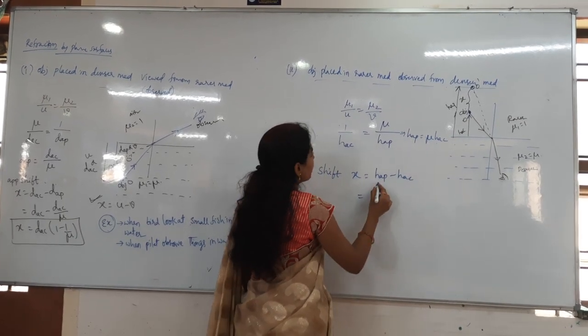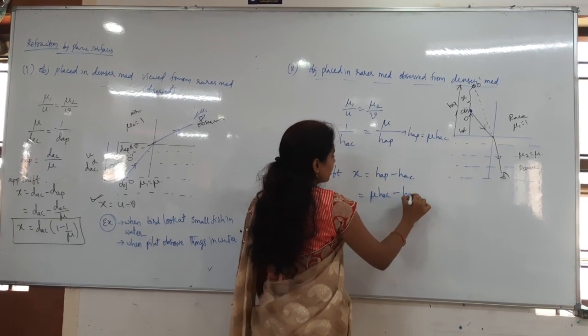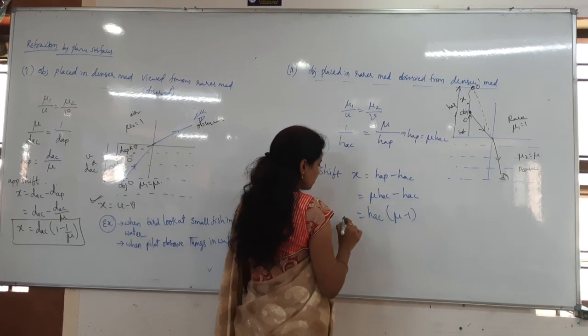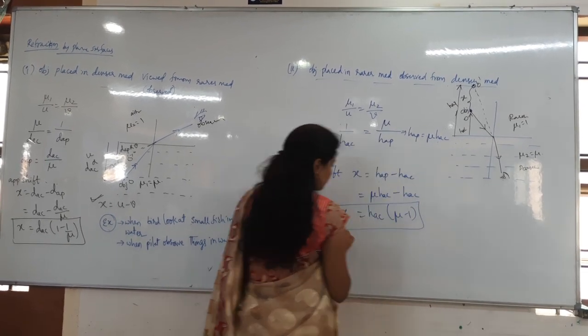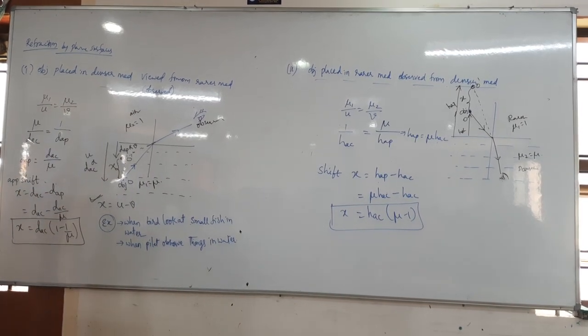So that here apparent is equal to mu into H actual minus H actual. Then we can take H actual common and then mu minus 1. This is the shift whenever the object is placed in the rarer medium and then observed from the denser medium.